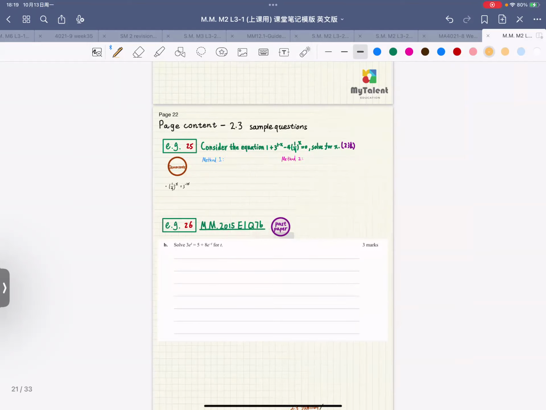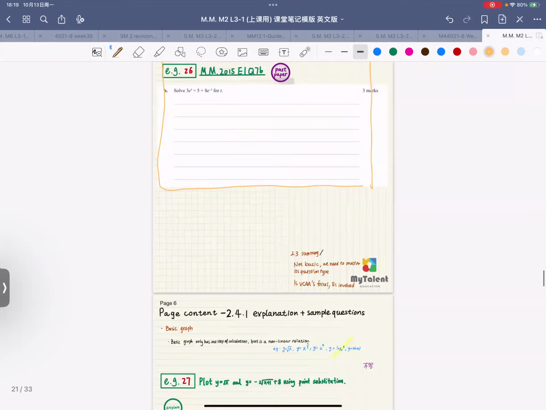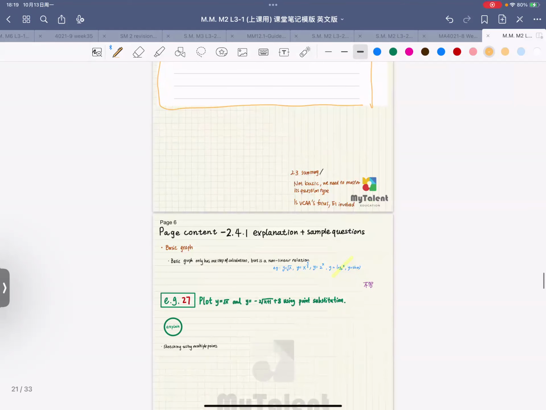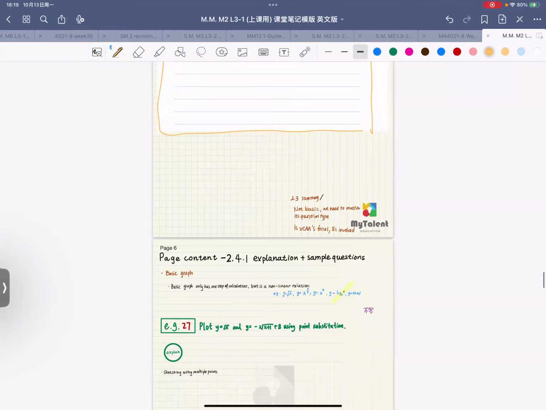Try these two for homework. Try your best to do it. But if you struggle, next class, bring it to me. We can go through together, all right? But you really need to give it a try. You need to try, you need to practice, all right?